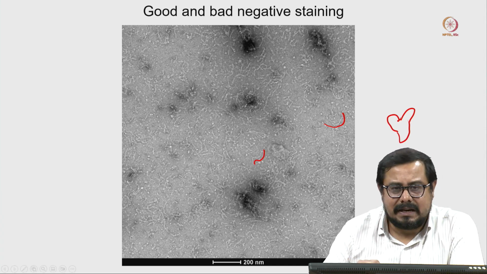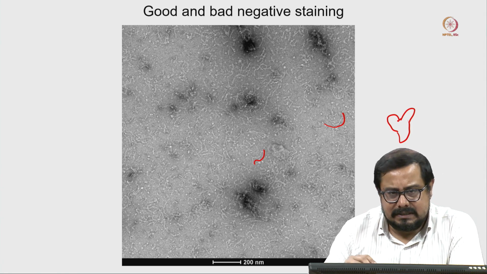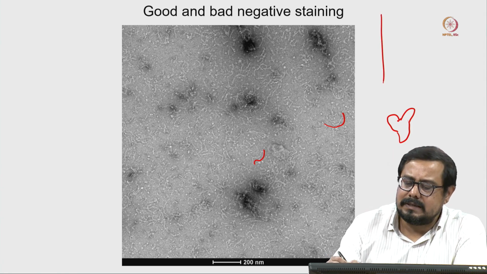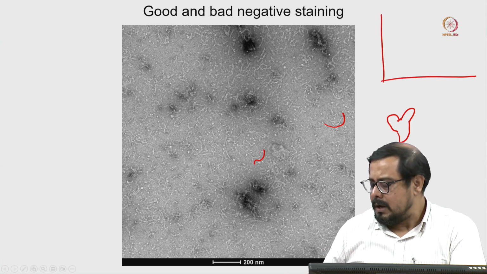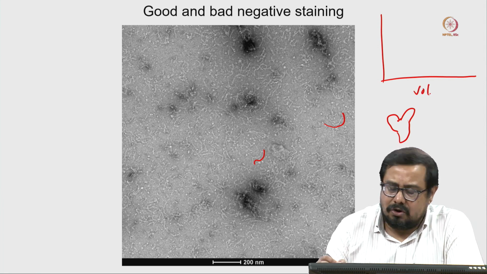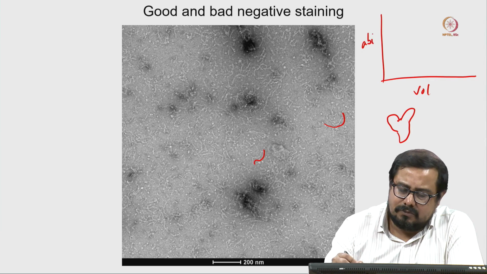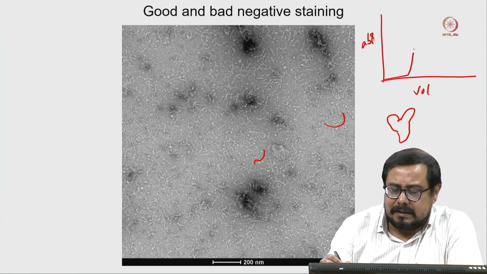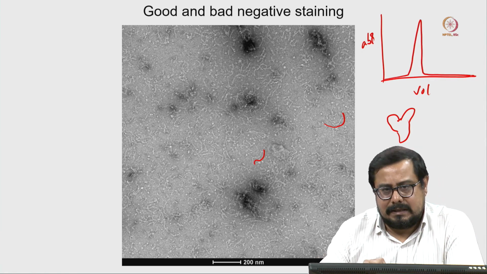Now from this negative stain, even after SEC purification, if you recall the SEC purification I told you about: if this is an SEC profile, if this is your volume, if this is your absorbance, it will go like that and give you a peak like that.